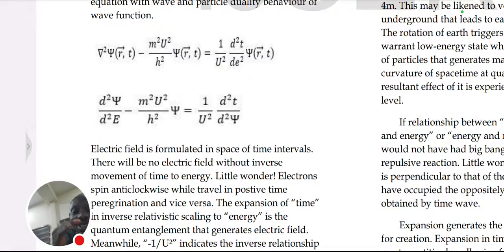Because that scale will connect the substrate dimension to higher dimension. Now we have that flipping mechanism. The wave function is at the bottom right here at the right side of the equation. So second derivative of time to second derivative of wave. So you can see what we have. We have that flipping mechanism.